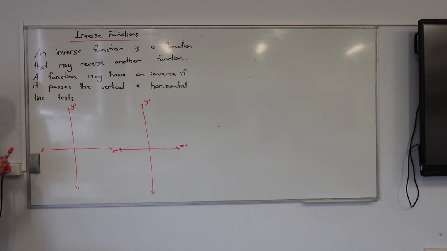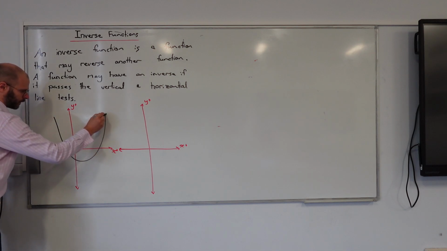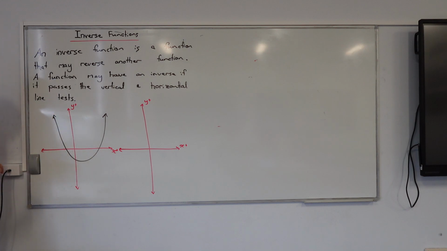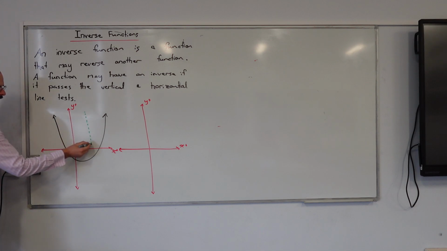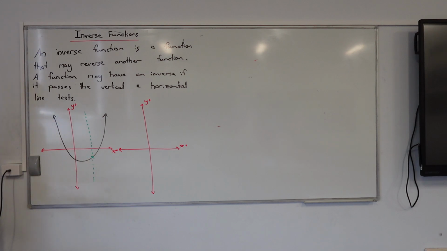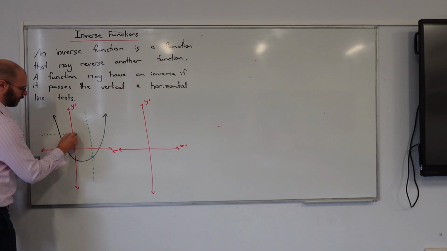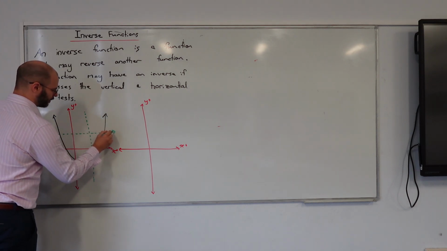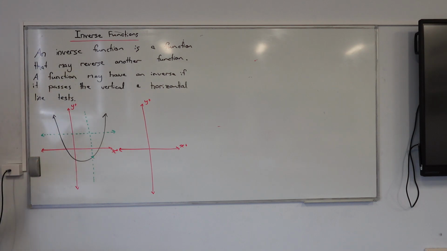So suppose we have a parabola. You can do the vertical line test, and you know that it passes because there's only one point of intersection at any given time, so you know it's a function. But if you do the horizontal line test, what you discover is that there are parts of the graph that are going to cut twice.